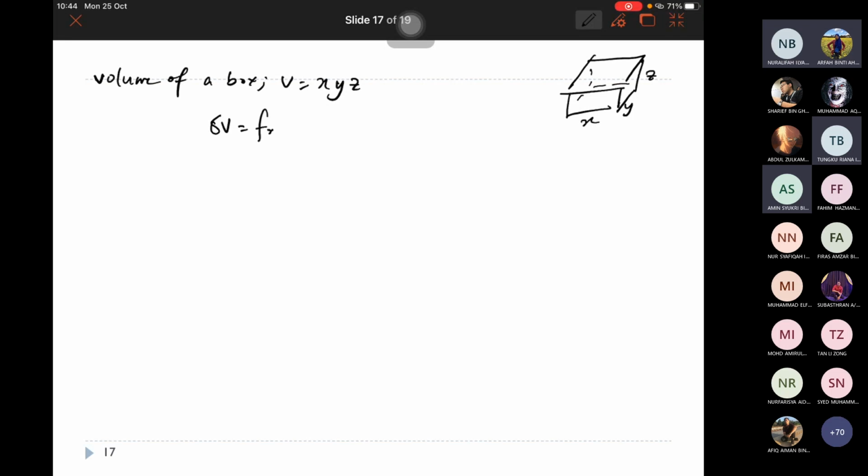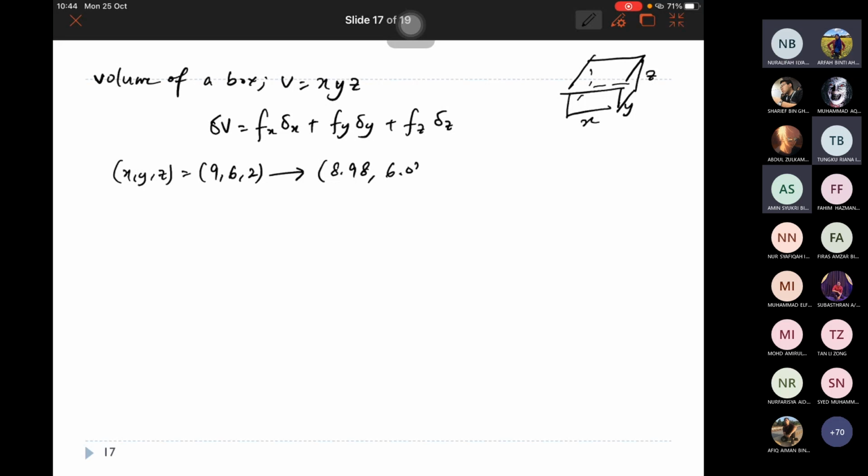It will be Fx delta X plus partial derivative Y delta Y, partial derivative Z delta Z. Okay. So from here, X, Y, Z equal to 9, 6, 2 and it changed to 8.98, 6.03 dan juga 1.99.